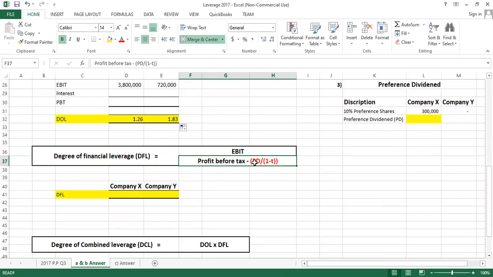Earnings before interest and tax we have already calculated. Then we want to calculate profit before tax and preferred dividend. The preference share details are given, so we can calculate the preferred dividend.